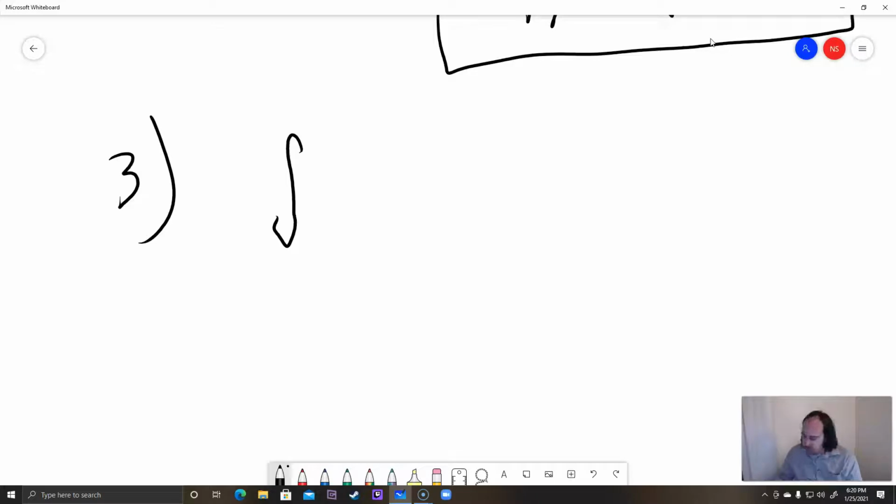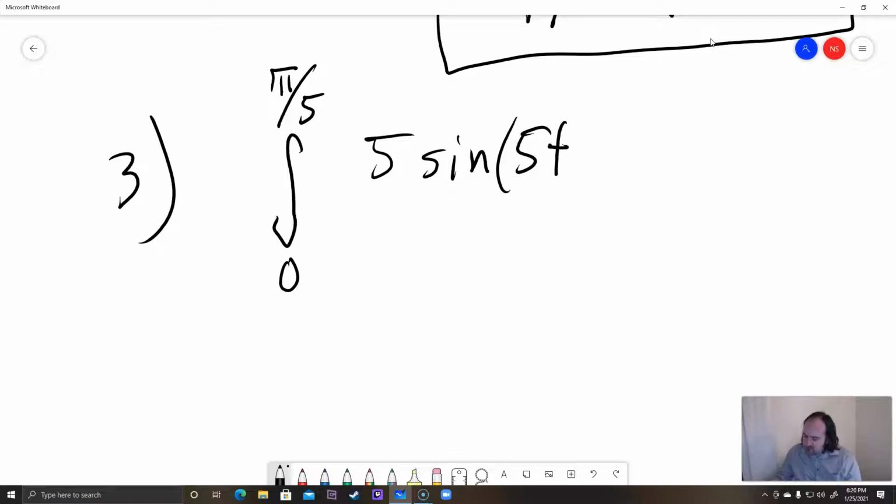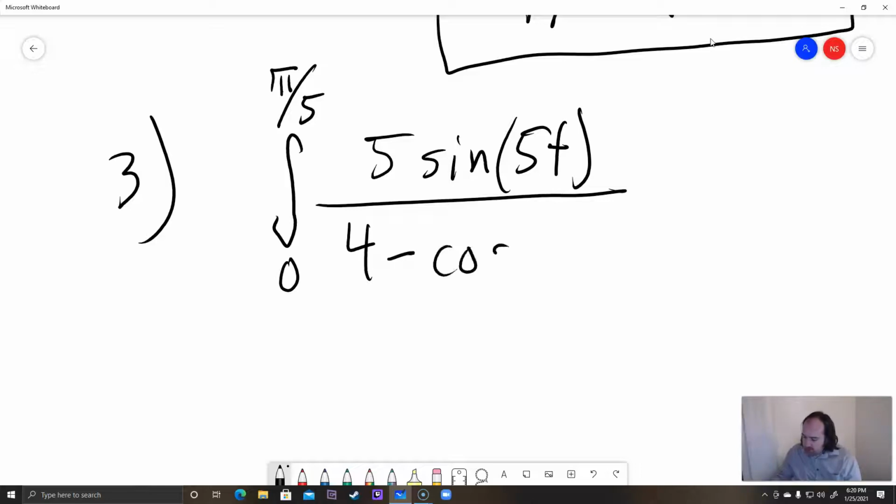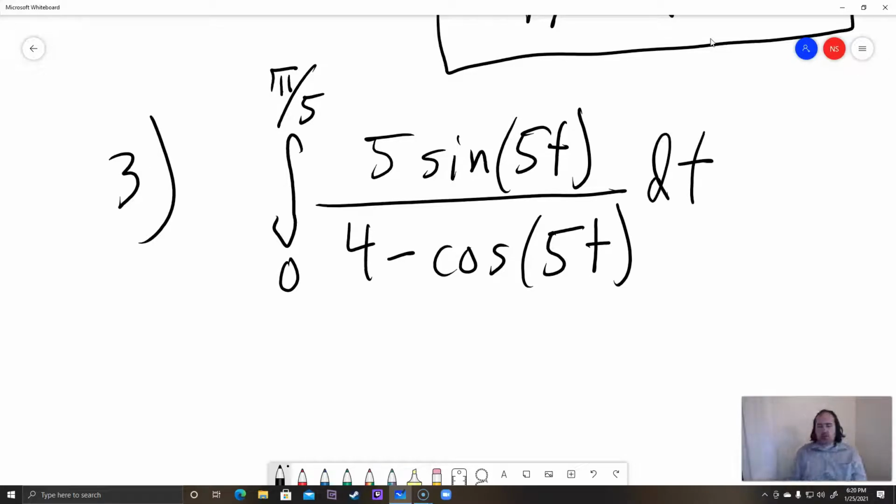Okay, so this one is the integral from 0 to pi over 5 of 5 sine of 5t all over 4 minus cosine of 5t, and then this entire integral has a dt in front of it. Okay, so the integral from 0 to pi over 5 of 5 sine of 5t all over 4 minus cosine of 5t dt.